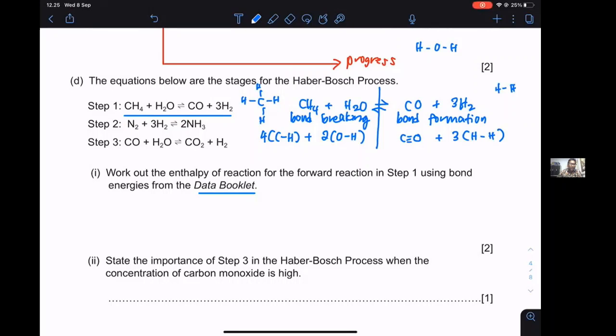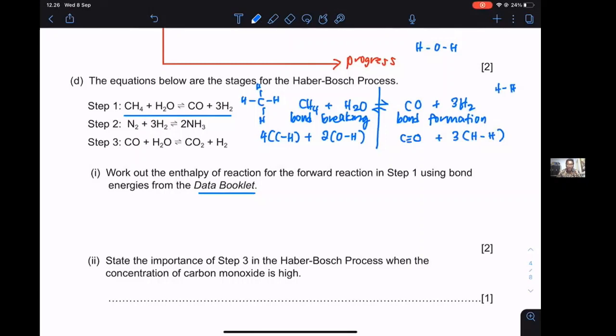If you look at the data booklet, I will need to look for the bond energies at the beginning. If you look at bond energies, there are 2 tables, so you need to be very careful. One is bond energies in diatomic molecules, and the other is bond energies in polyatomic molecules.